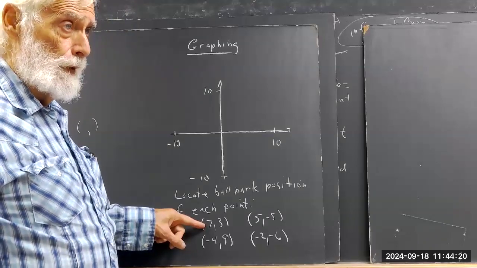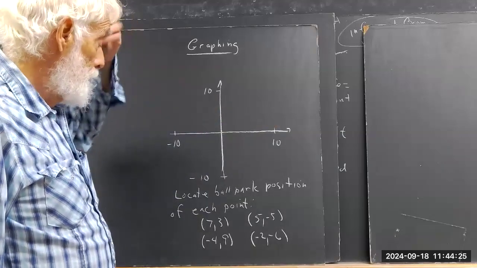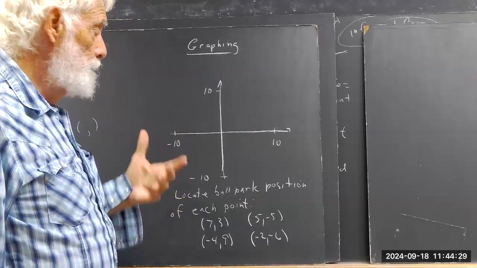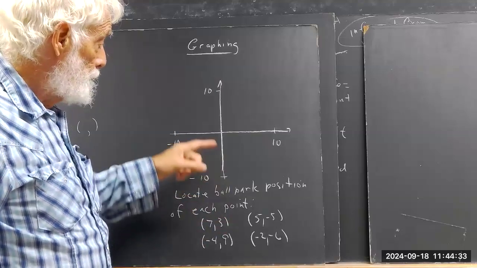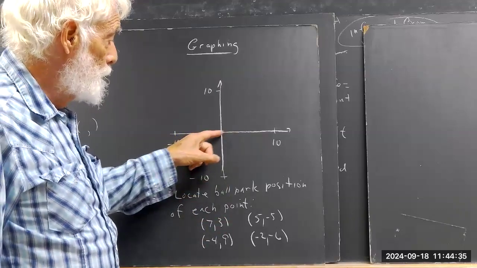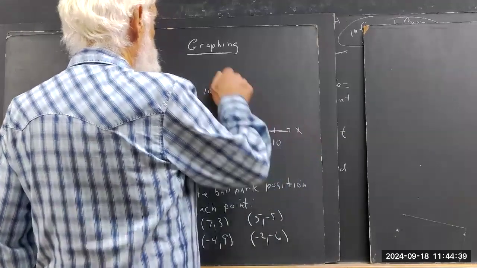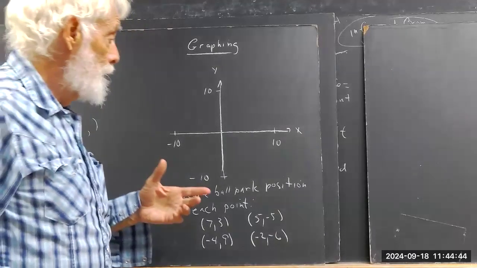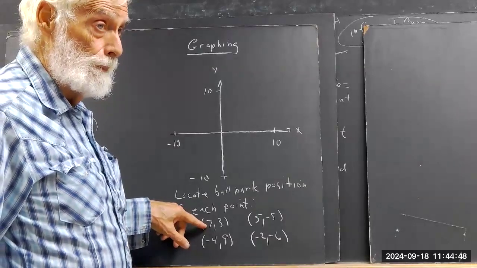Where in this graph is a point where x equals 7? Well, it's going to be between 0 and 10. This is x. So the x coordinate here is 7, right?